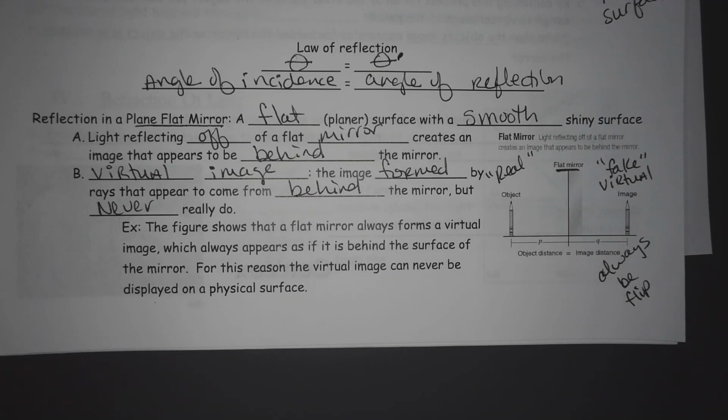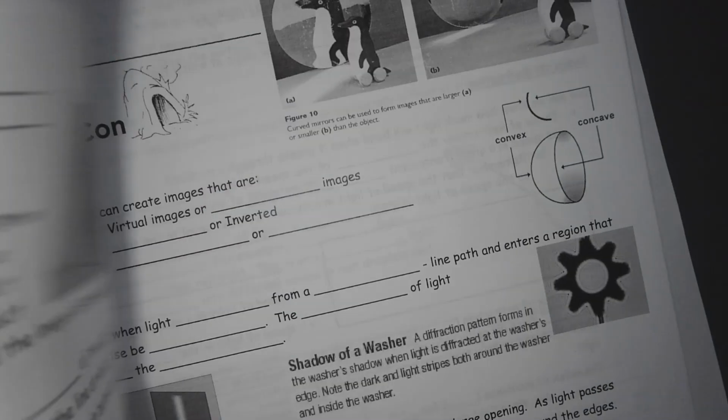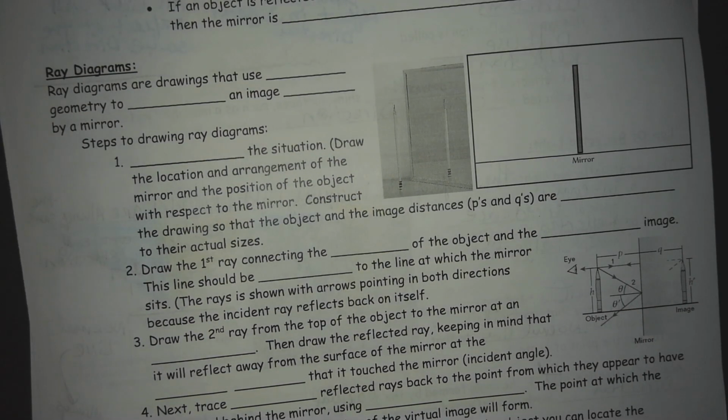This is me. When I look at a mirror, that is a virtual image of me. That's not really me looking at me. Or when I take a selfie, that's not me in the picture. It's a virtual image that is backwards or flipped. Okay? That's what they're saying. It is a backwards, flipped virtual image. And that's what we're about to get to in just a moment.